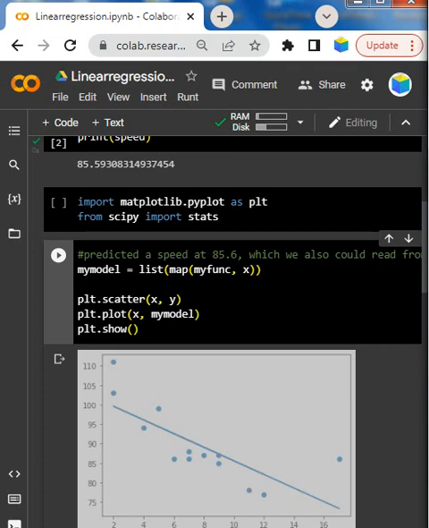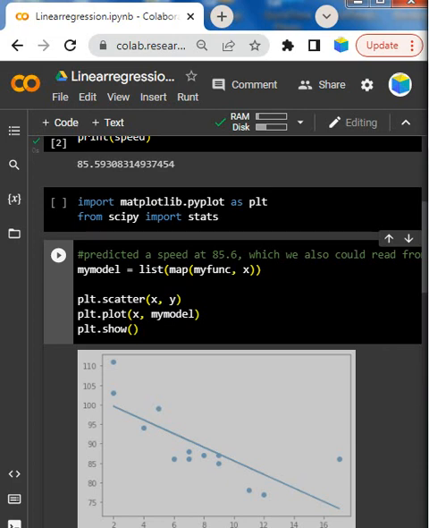So let us try to predict the speed for a 10 year, 20 year, 30 year, 40 year. We have already created a single function, and then we try to predict many times. I hope this will be very helpful for everyone.